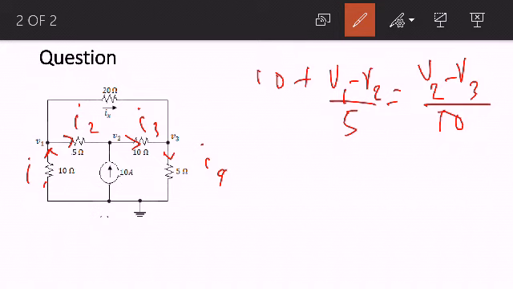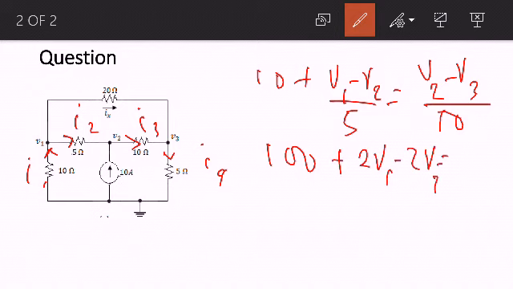If we multiply through by the LCM, 10, we are going to get 100 plus 2V1 minus 2V2 is equal to V2 minus V3, okay?